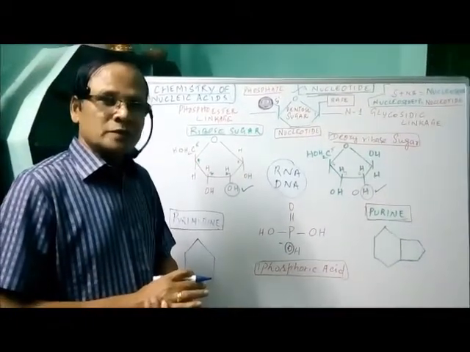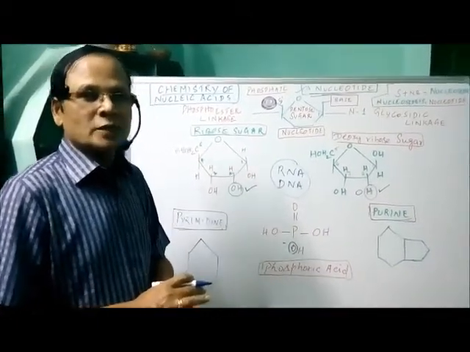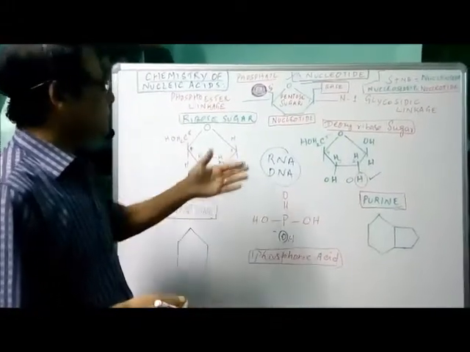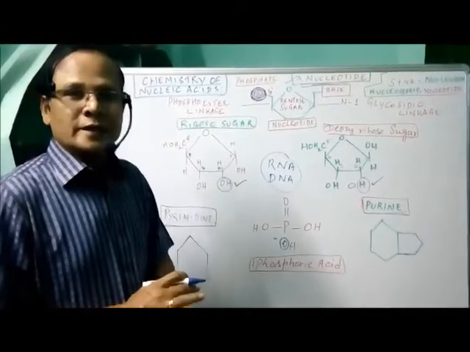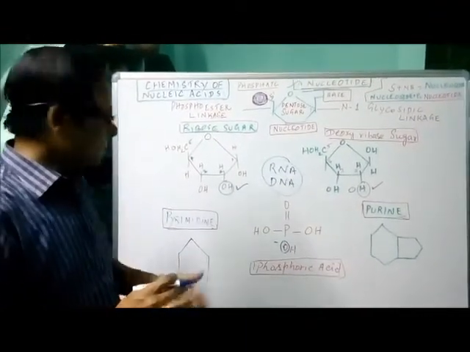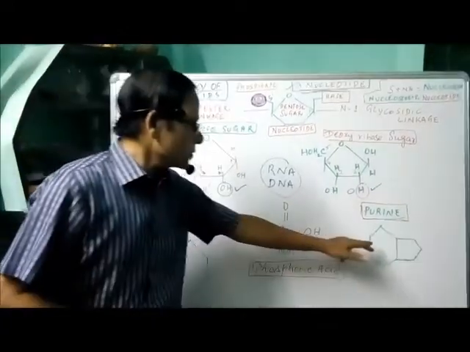You know that a base is one which accepts a hydrogen ion or proton from the medium. Since they contain nitrogen, they are called nitrogenous bases. And these are all heterocyclic ring compounds. See, this is one ring, another ring.